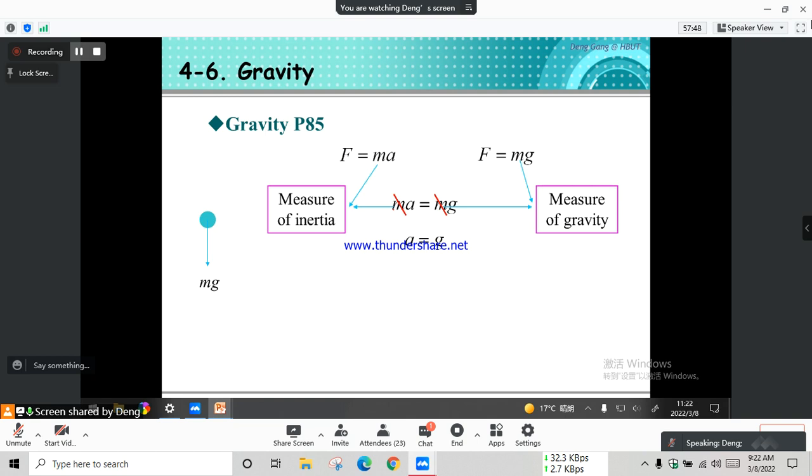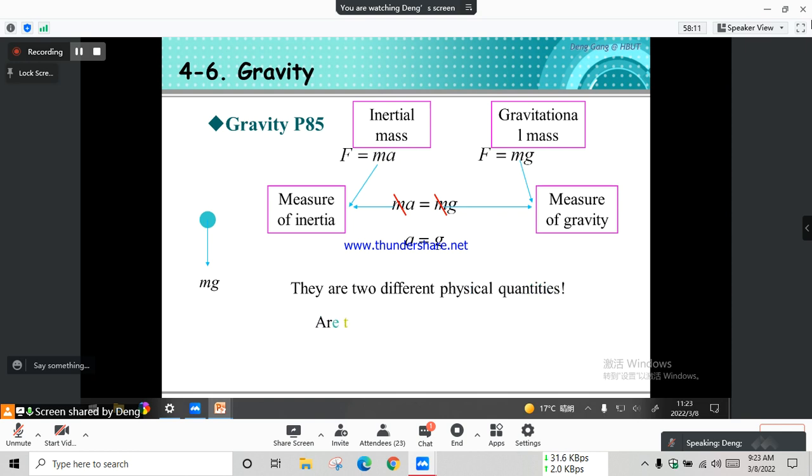The m on the left-hand side is the measure of the inertia, while the m on the right-hand side is the measure of gravity. Actually, we should not use the same symbol. So we call this the inertial mass, and this one the gravitational mass. They are different physical quantities, but in our daily life, when we cancel these two, it's a correct conclusion.